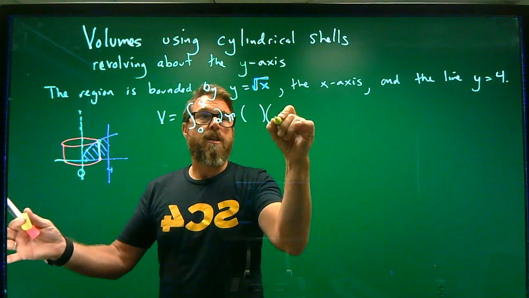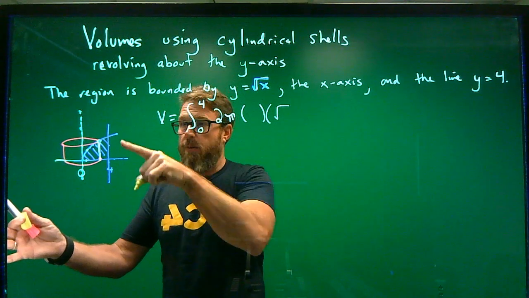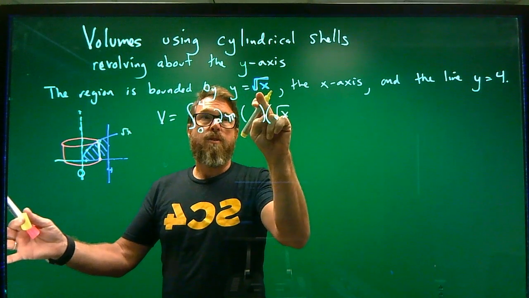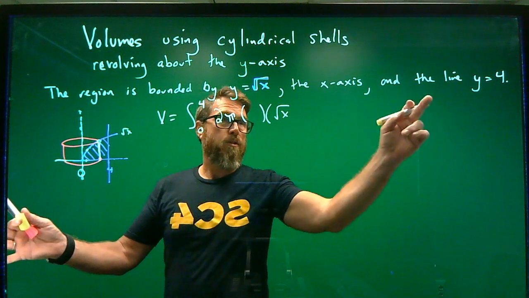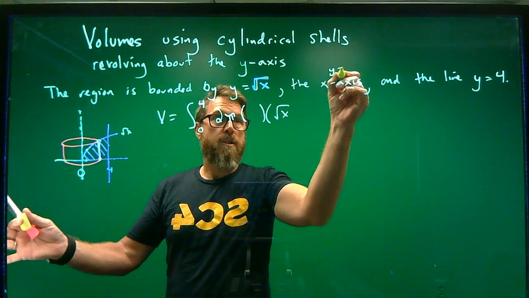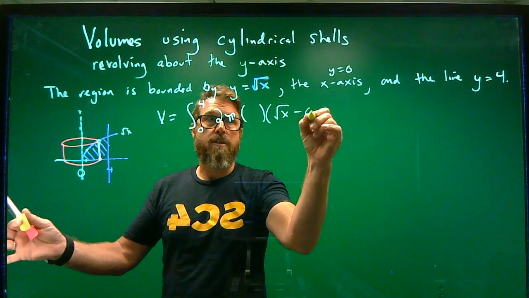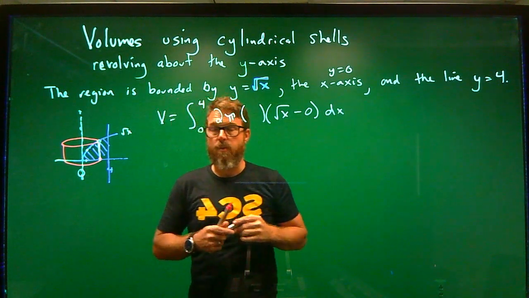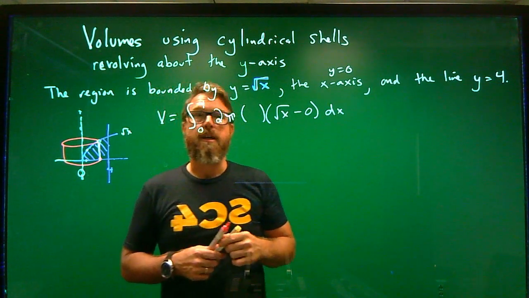So the height is going to be our function value, root x, and then minus the other bound, which is the x-axis, the same thing as y equals 0, so minus 0. I know it's a little redundant to say 0, but it comes in handy when we're trying to pay attention to heights that are a little more complicated.